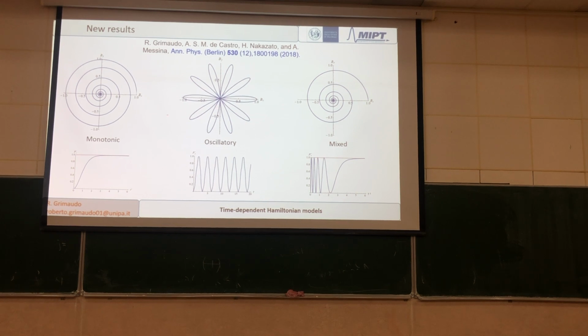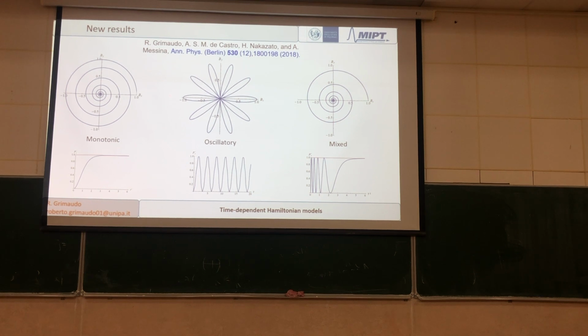It is interesting to note that in the first and the third case, even if we have qualitatively similar time dependencies, actually we get very different time evolution for our transition probability. This is due to the fact that in this case we have the analytical, the exact expression of the transition probability.